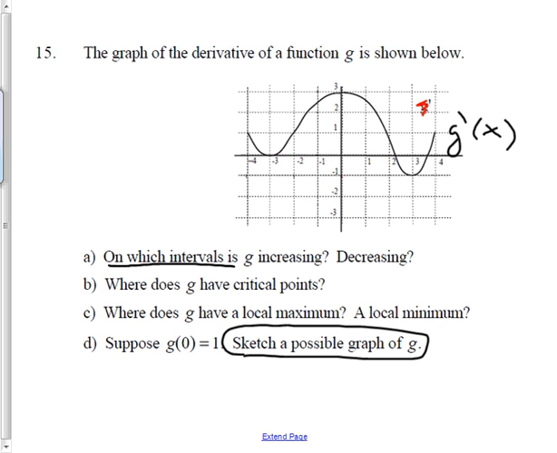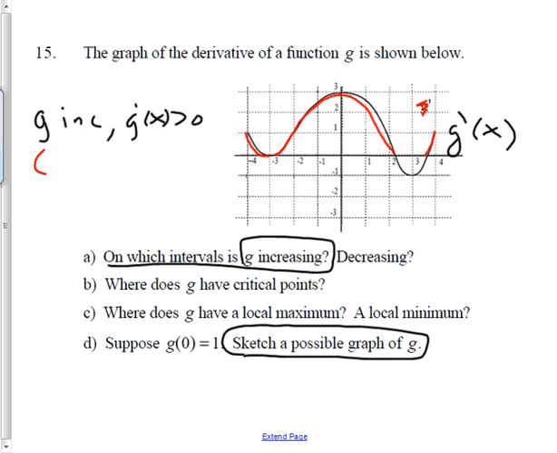On what intervals is g increasing? Well, we need to interpret these questions. For g to be increasing, that means g prime of x needs to be greater than 0. Where does that occur? All of these values in red, my derivative function is above the x-axis. It's positive. So where is it increasing?